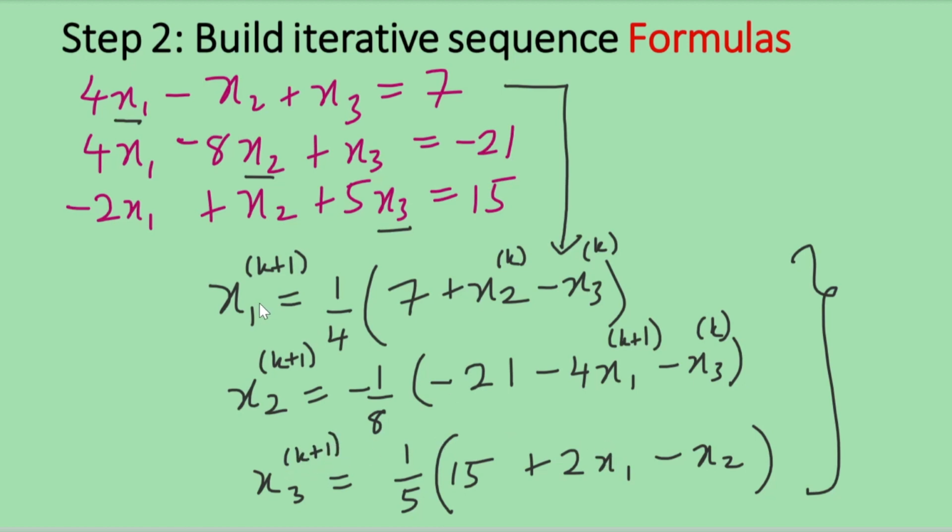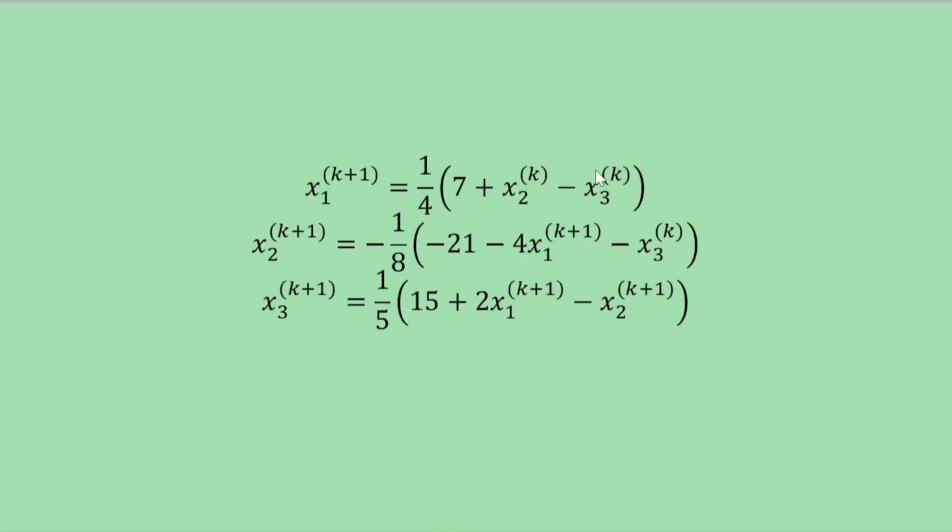We would use the latest value of x1 that we have here, k plus 1, and the latest value of x2, k plus 1. Okay, so we could leave the formula as it was previously, or we could rewrite it as this one here. So I'm maintaining the formula that I wrote previously using the steps k plus 1 and k.